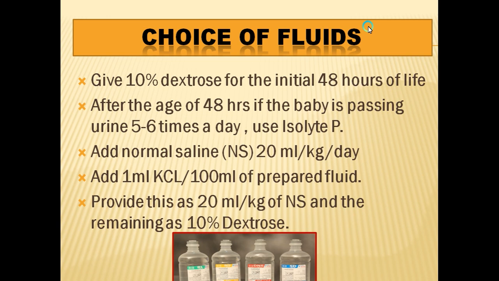When we clamp the cord, the supply of glucose from the mother to the baby through the blood gets cut off, but the insulin continues to be secreted by the baby. I think your concept is clear. The baby gets everything including glucose through the blood from the mother, so as soon as we clamp the cord, the supply of glucose ceases.